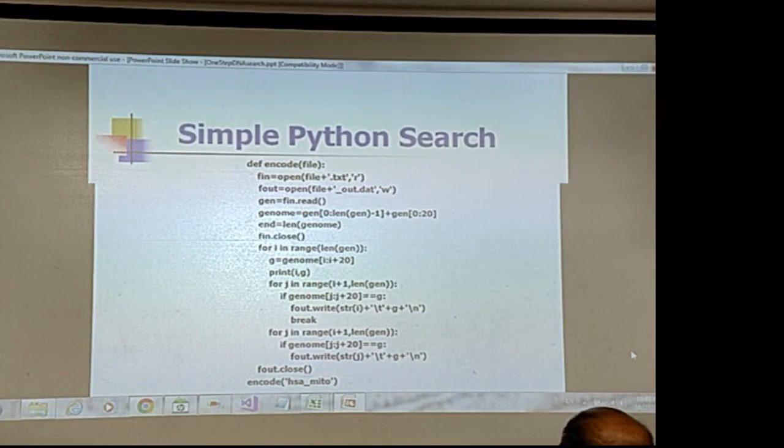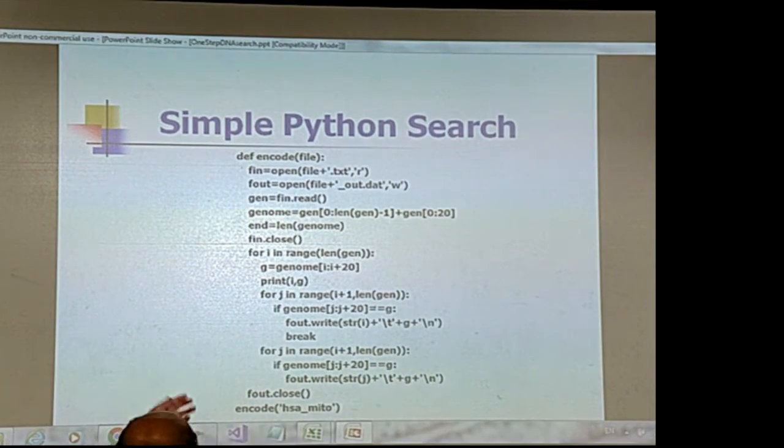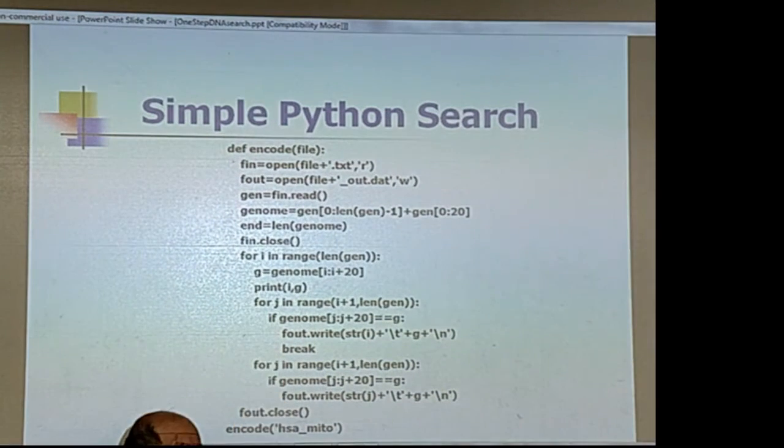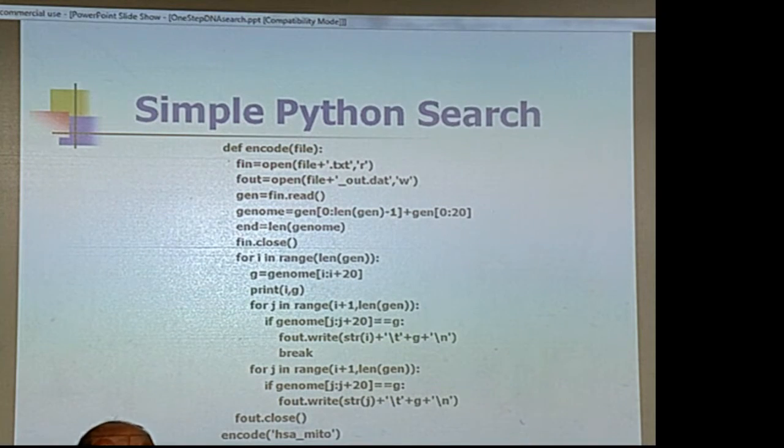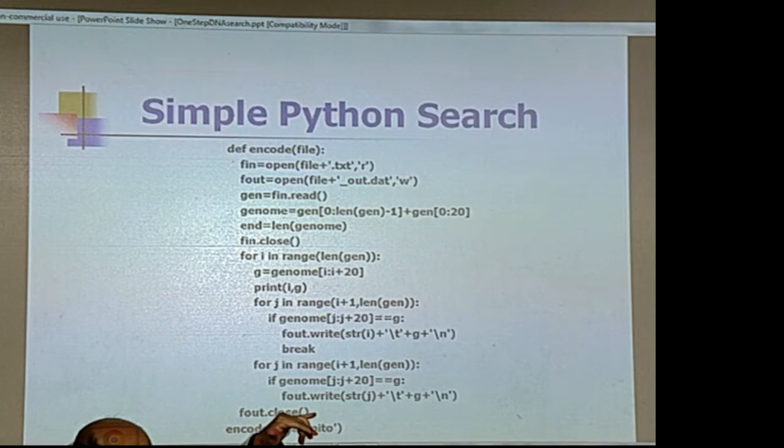You can see for i, repeat from 0 to the end. And for j, it's i plus 1 to the end of the genome. So you just pick up the first 20-base pattern and compare it with all the patterns in the subsequent string.